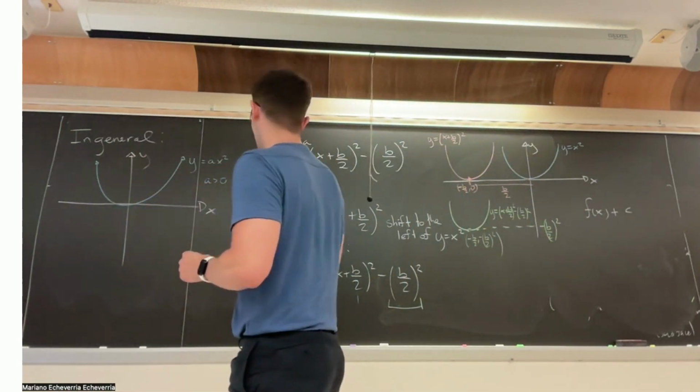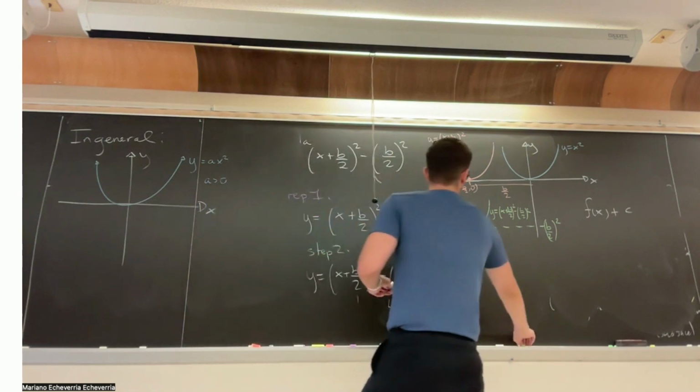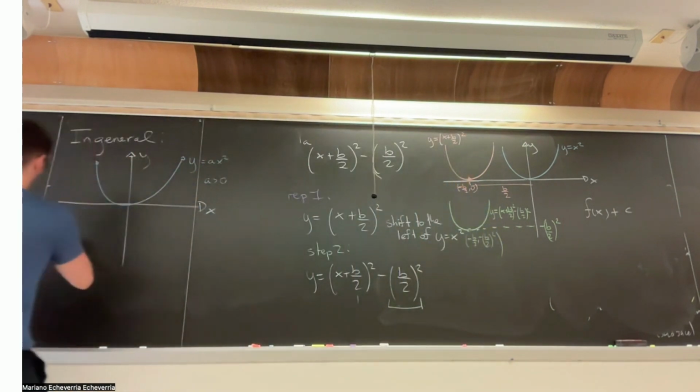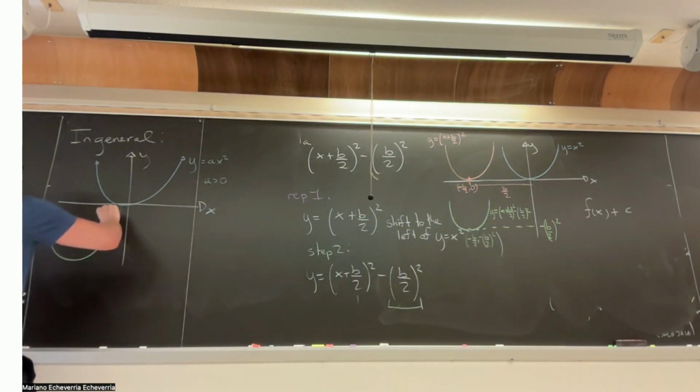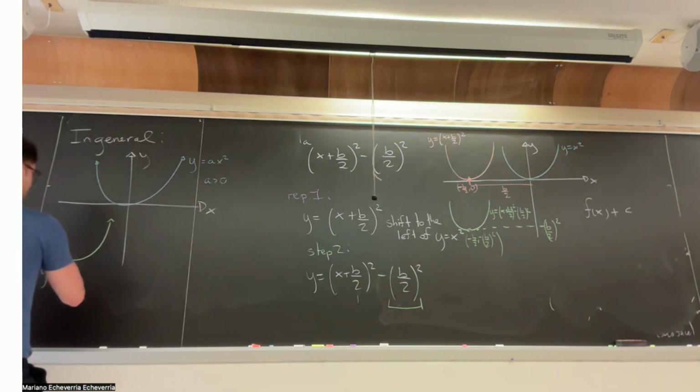When you have something like y equals a x squared plus bx, this is how the parabola looks when both a and b are positive.